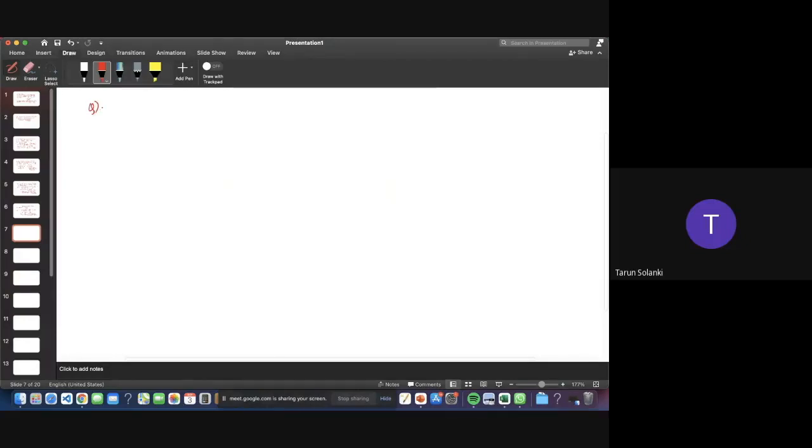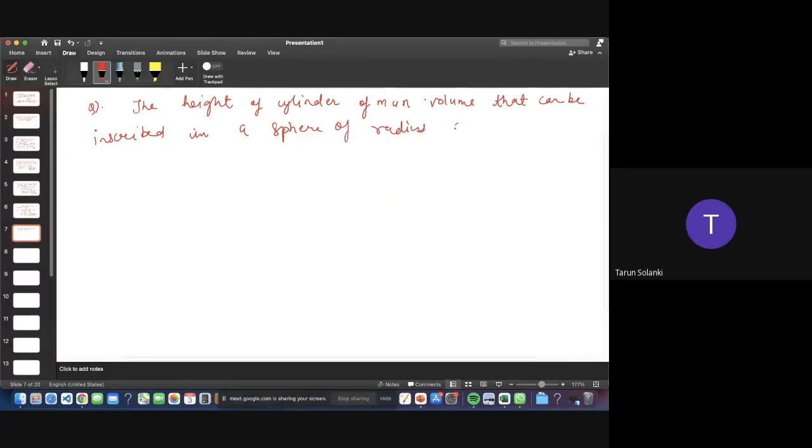So next question: the height of the cylinder of max volume that can be inscribed in a sphere of radius a is.